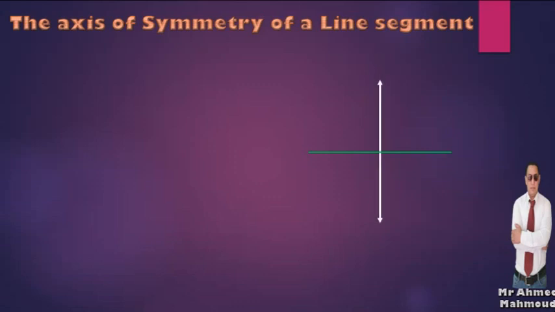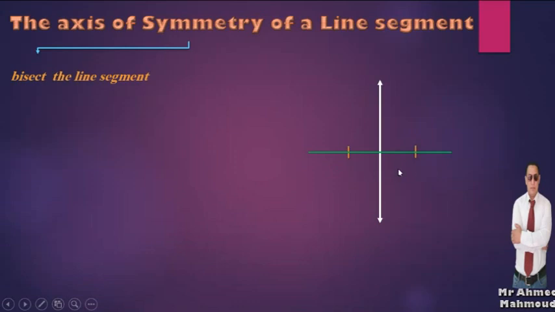This straight line has two properties. The first property is that this line bisects the line segment, or divides it into two equal halves. The second property is that this line is perpendicular to the line segment, as we see.